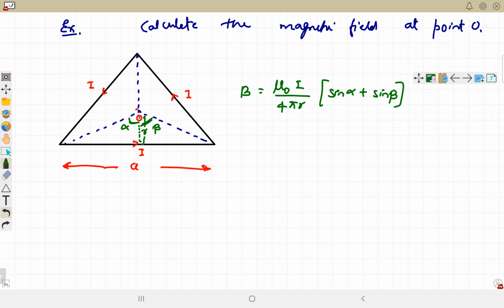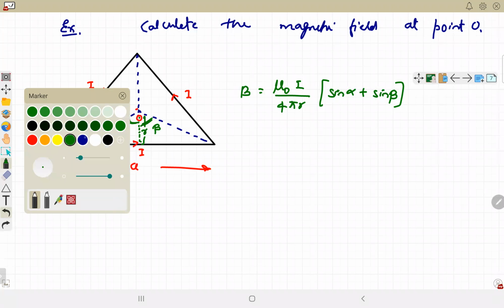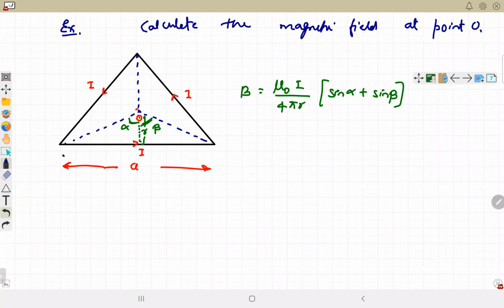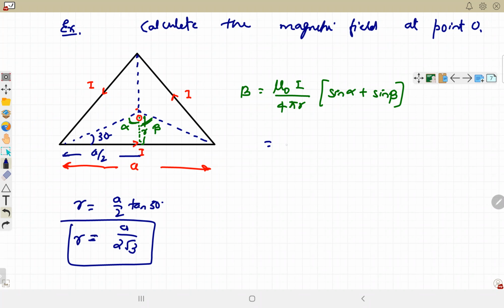Yes, boss. Got it? What is the value of R? So A times tan theta by 2 will be R. Yeah, so this half base is A by 2, angle is 30 degree. R by A by 2 is tan theta, so R is A by 2 tan 30. Tan 30 is 1 by root 3. R comes out A by 2 root 3. Substitute here: mu naught I by 4 pi times A by 2 root 3.